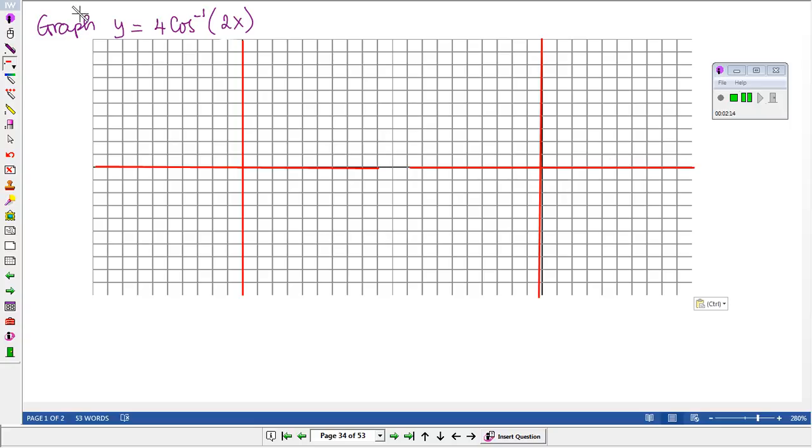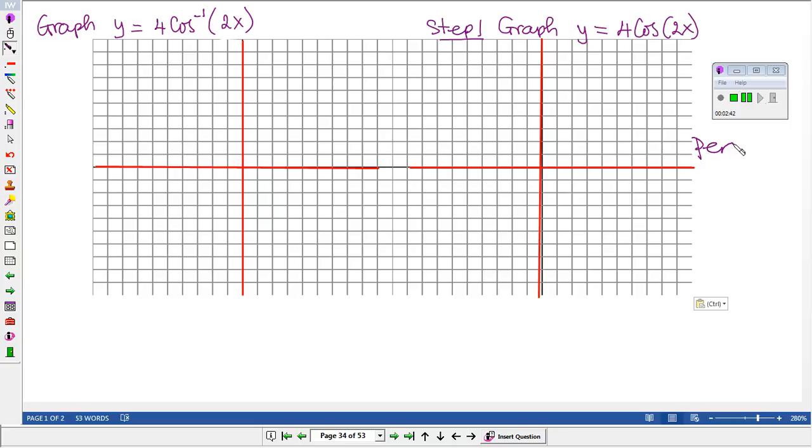Okay, so let's start with the first step. Step 1. We are going to graph just the normal cosine function, so ignore the inverse notation. So y equals 4 cosine of 2x. From the given, we find our a is 4, our b is 2.